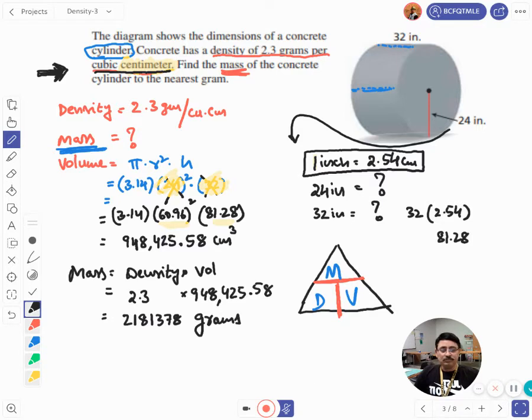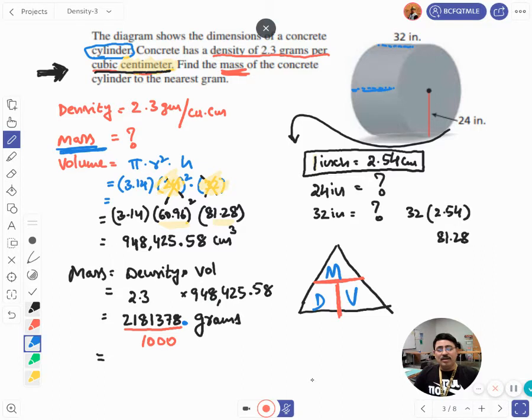You know, there are 1,000 grams in 1 kilogram. Therefore, in order to convert the answer we obtained into kilograms, you have to divide it by 1,000. So just assume that the decimal is at the last digit here.